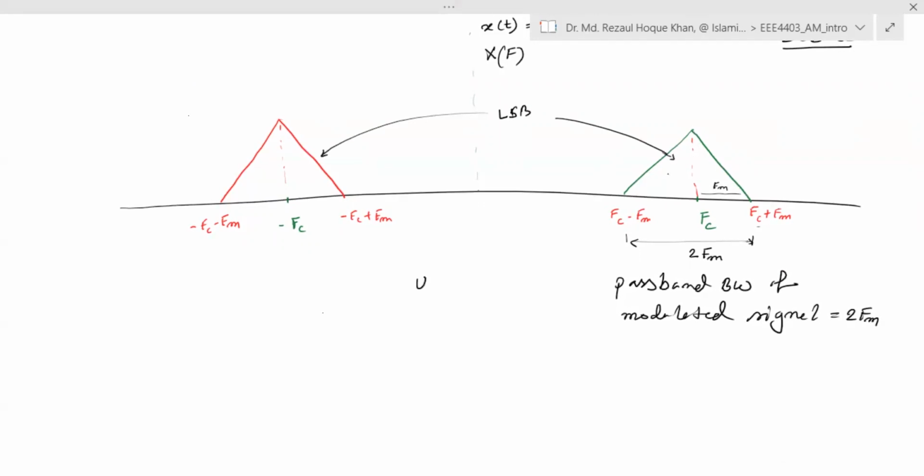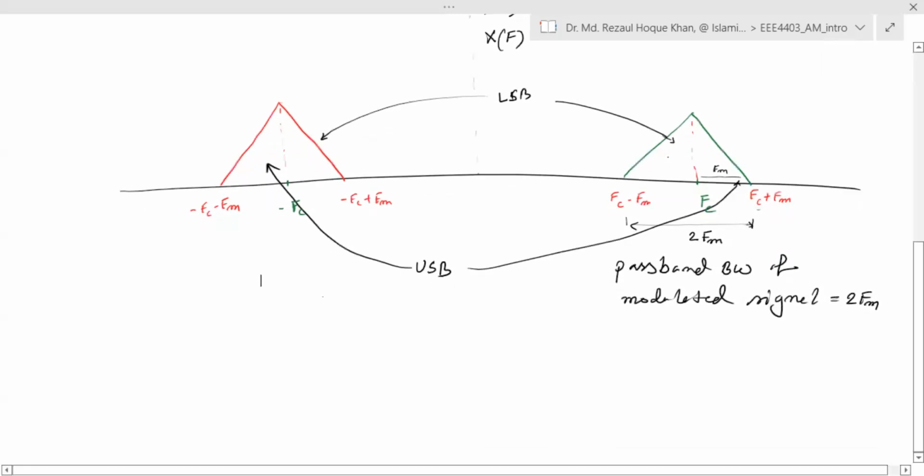And the other portion is the upper sideband. One is the lower sideband, LSB, and one is the upper sideband, USB.